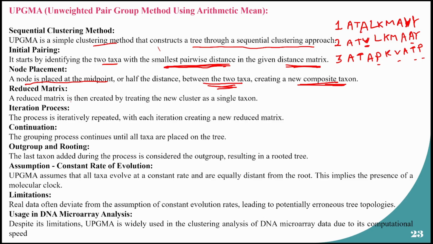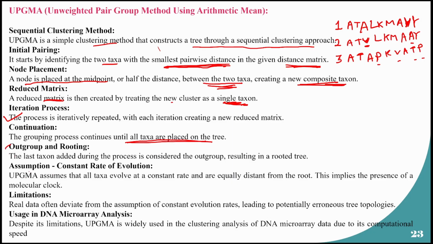That essentially reduces the size of the matrix by introducing the single taxon for the smallest-distance pair, and this process is iteratively repeated until all of the taxa are present on this tree. Okay, then in some cases you do something called outgrouping and rooting, etc.